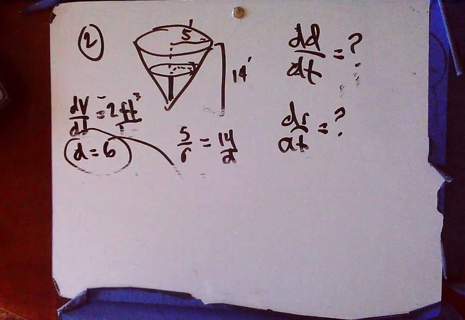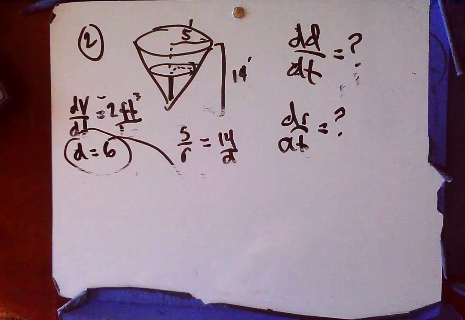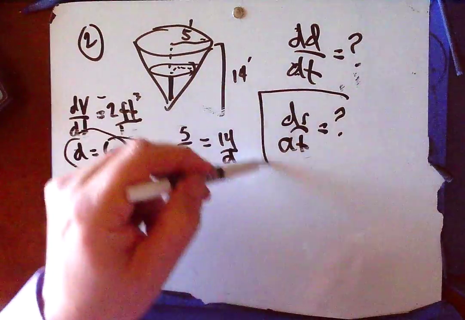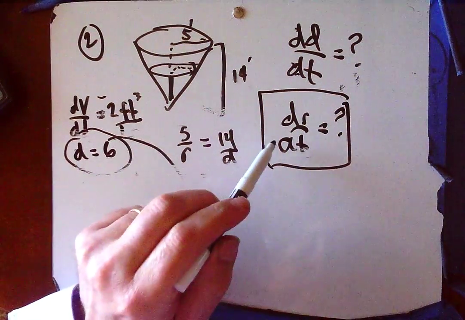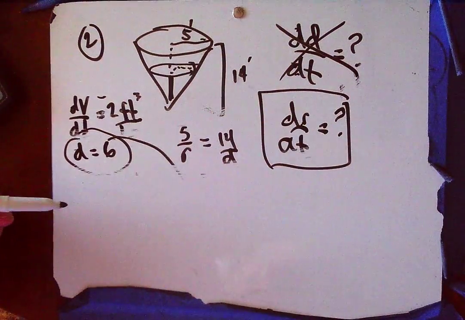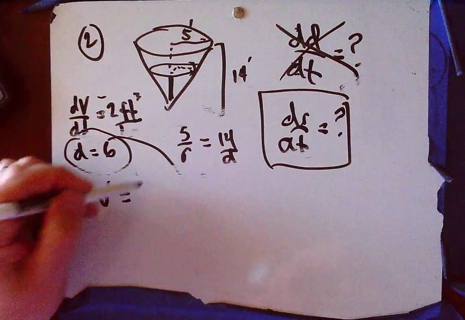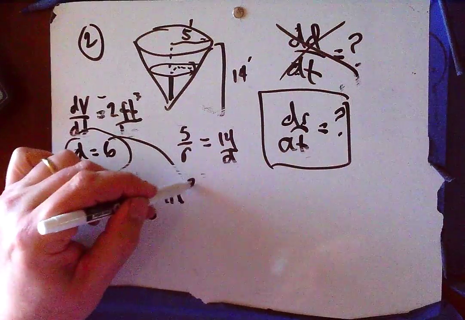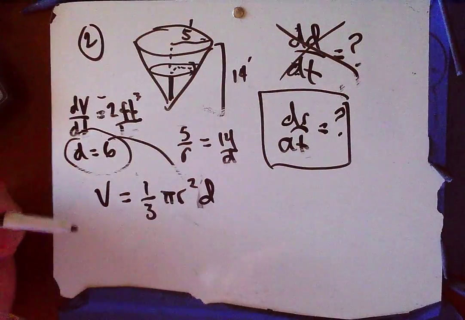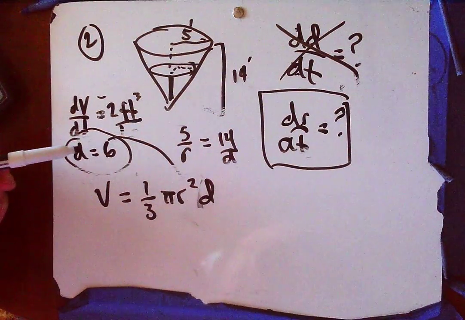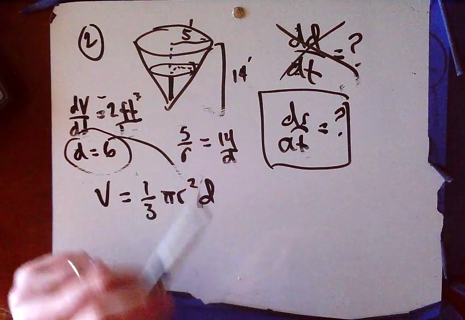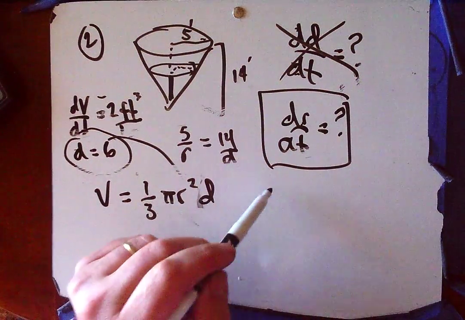But you could also say, all right, I want dr/dt, which means I want volume all in terms of r stuff, not d stuff. So when I look at V equals 1/3 pi r squared d for depth, I say to myself, if I want to get this all in terms of radius, what's d equal to?